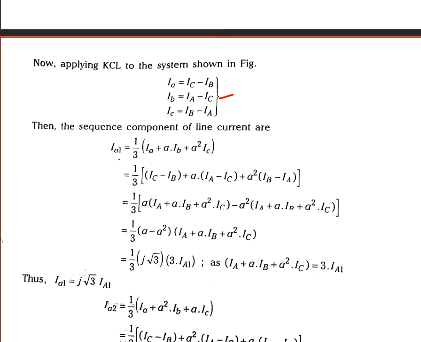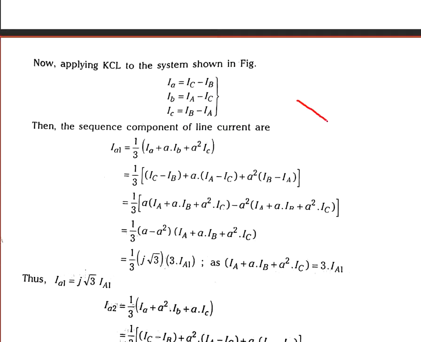Now, what is IA1? It is the positive sequence component of line current. IA, IB, IC are my line currents. We have done VA1 equals 1 by 3 (VA plus A VB plus A square VC). The same thing here.